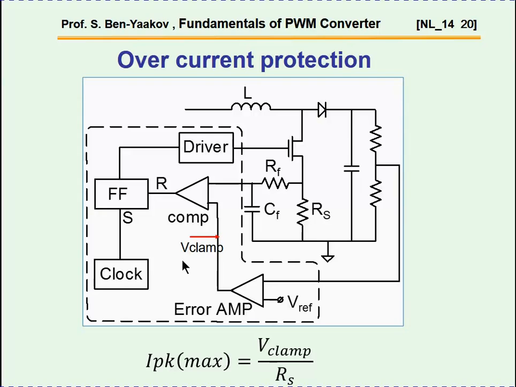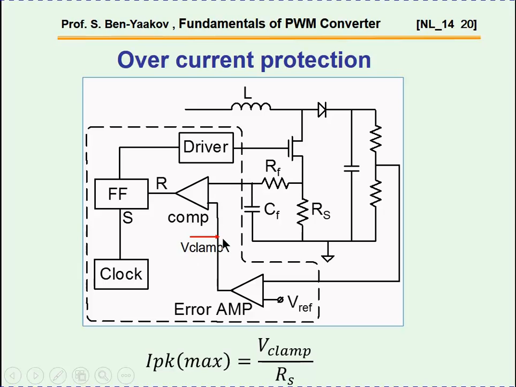Aside from the fact that the system is now first order for the outer loop, there is another benefit which is very important, and that is overcurrent protection. The reason that we have this built in is that as the current of the inductor goes up and the voltage goes up here, when it reaches this point, it will be turned off. That is, the transistor will be turned off automatically because the flip-flop is turned off and then there is no input to the driver.